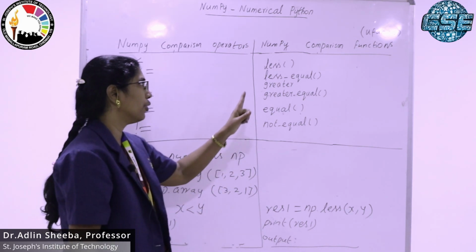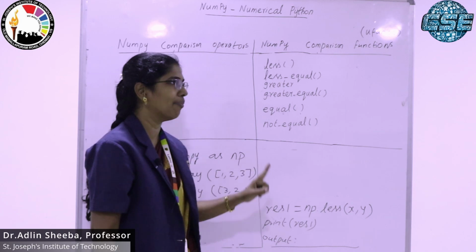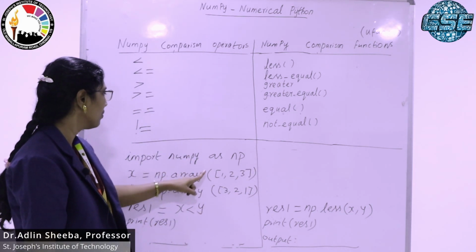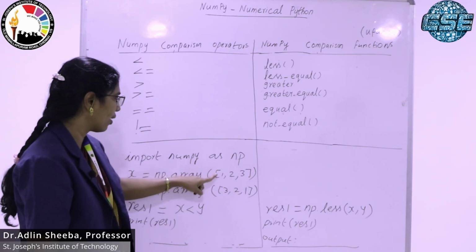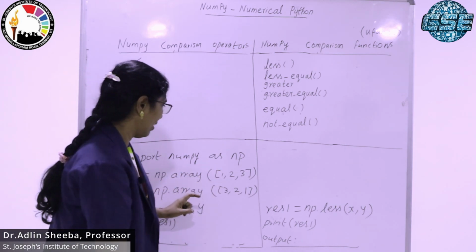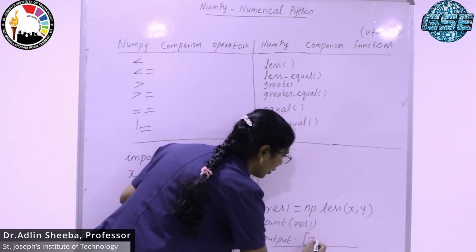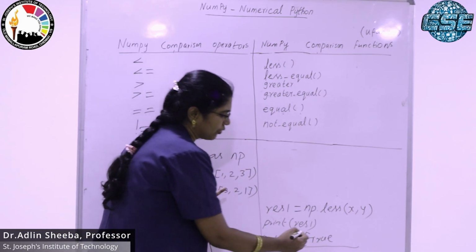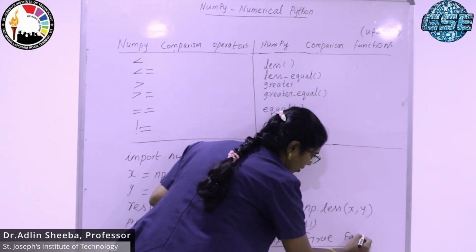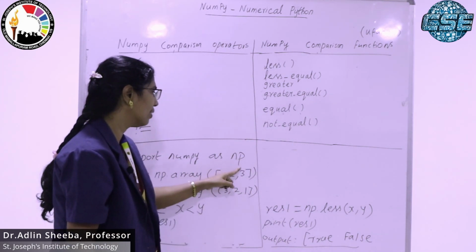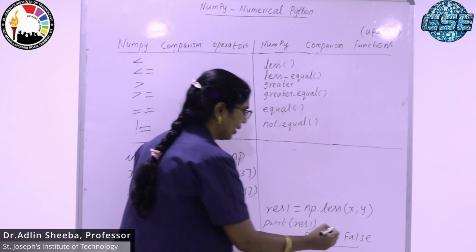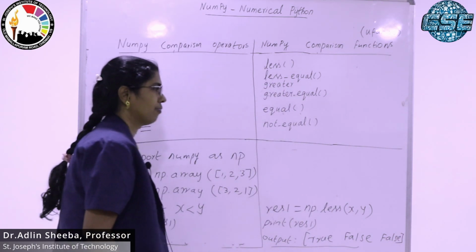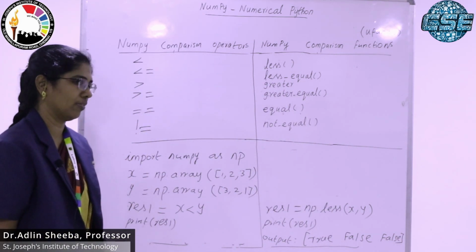As I have told you, ufuncs perform element by element comparison in an array. So now we are going to perform element by element comparison. So here we are comparing 1 and 3. So 1 less than 3, yes. So it is true. And second one, 2 less than 2, it is false. And then we are comparing the third element, 3 less than 1, it is also false. So this is the output.